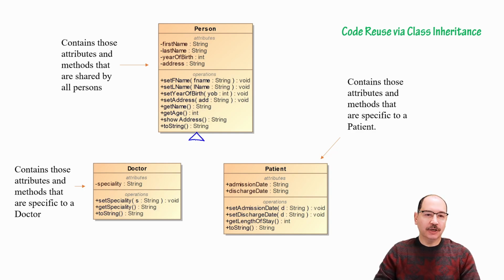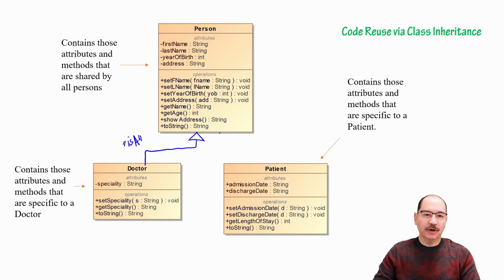I draw an unfilled arrowhead linked from the doctor class pointing to the person class, and this relation is called "is a". So I can read it: doctor is a person. This notation shows that the class doctor is going to inherit from the class person.